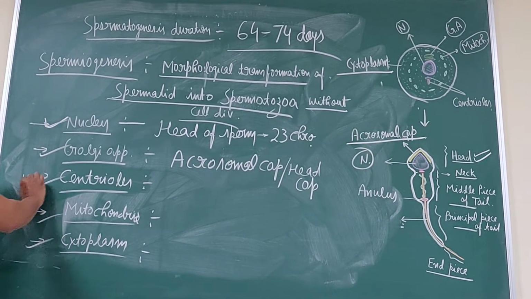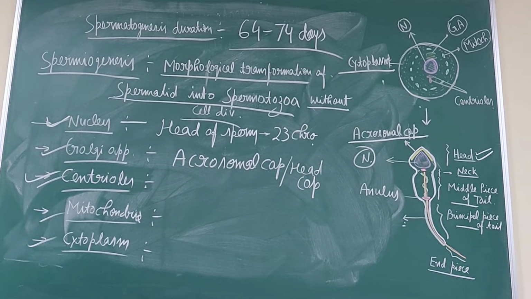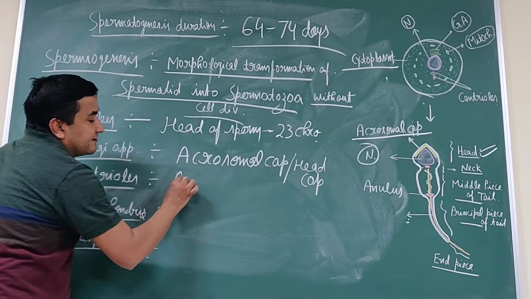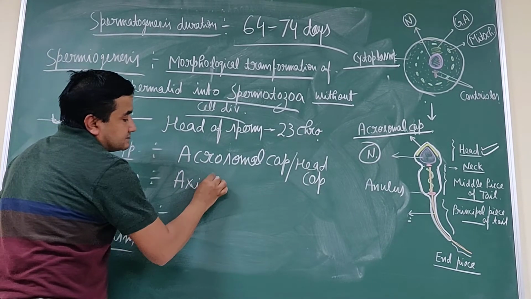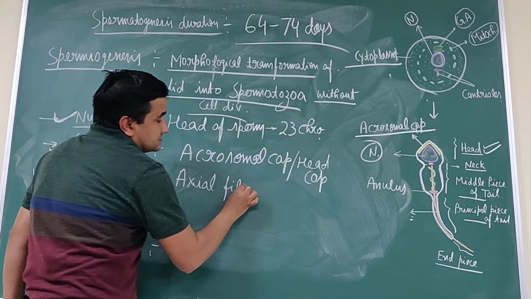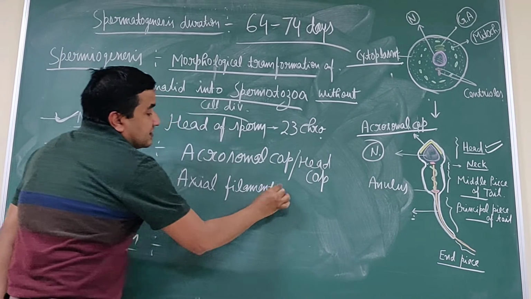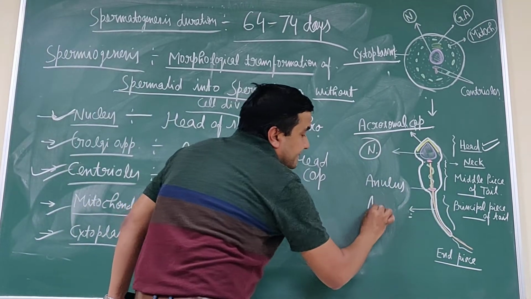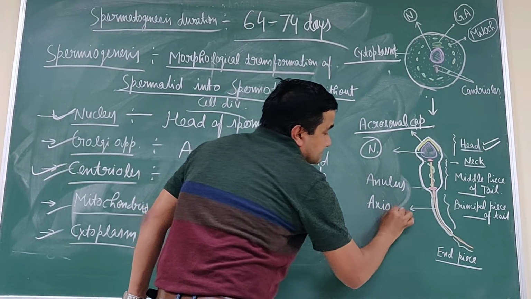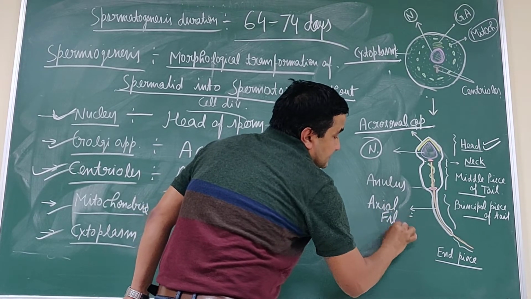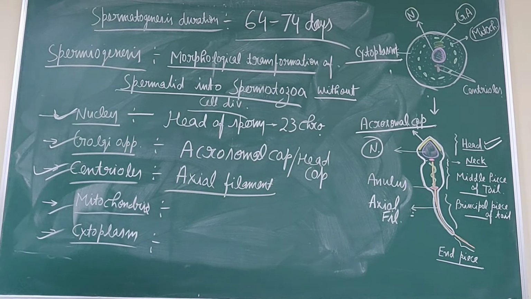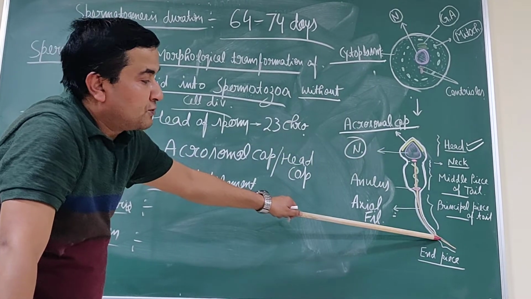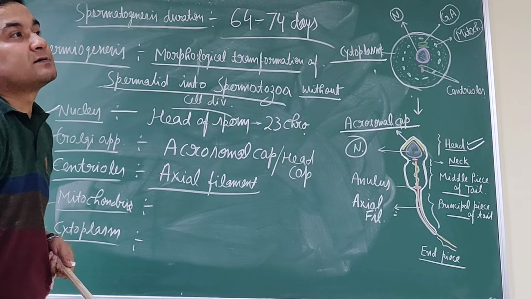Now the centrioles. These centrioles give rise to the axial filament of the spermatozoa. In this diagram, this is the axial filament, which extends from the neck up to the end piece.